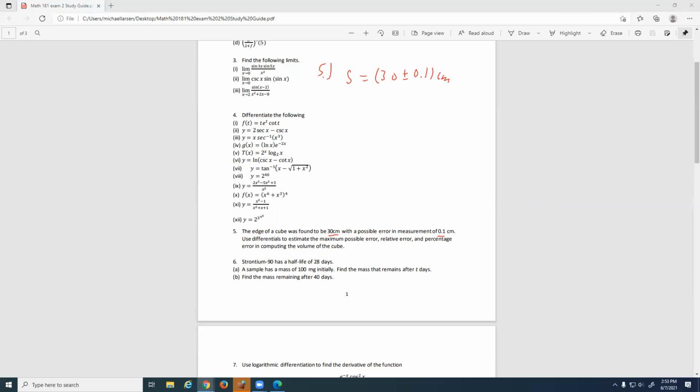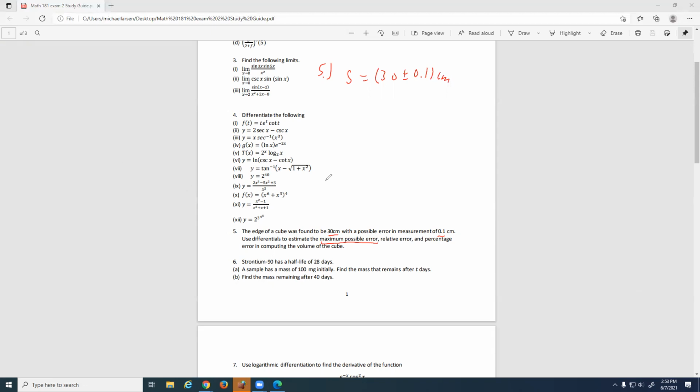All right, so do you guys have any ideas on how we could start off by getting the maximum possible error? I'm not sure. I don't have an idea either. Let's see.